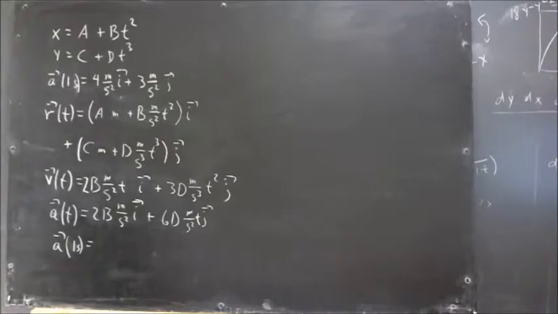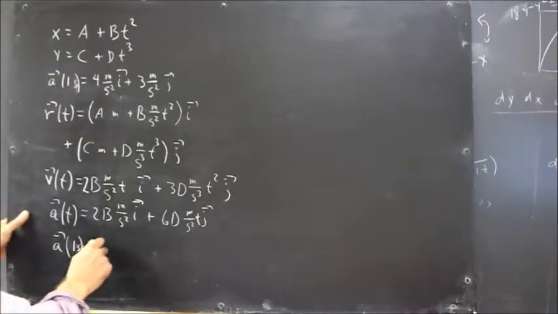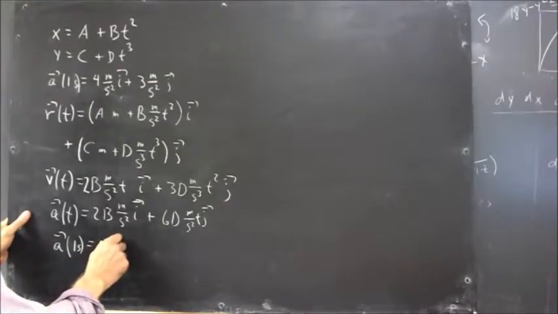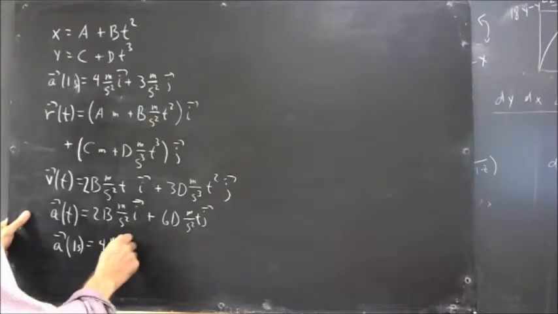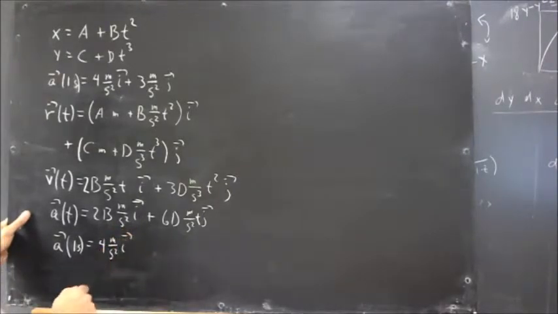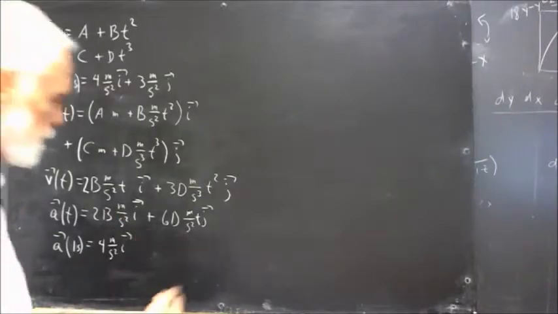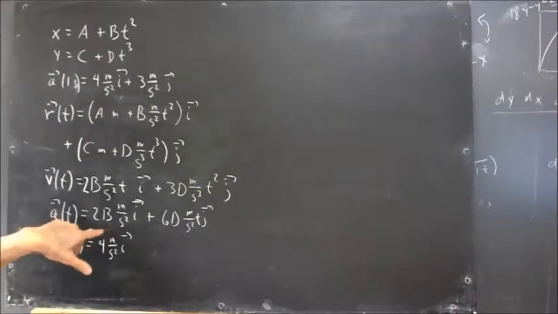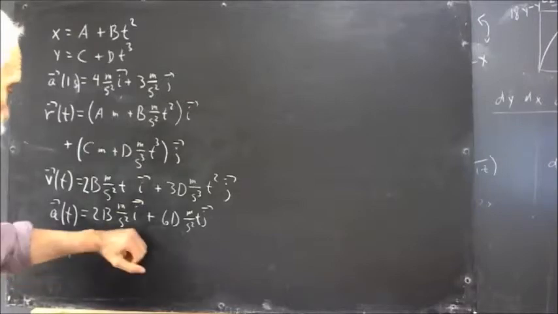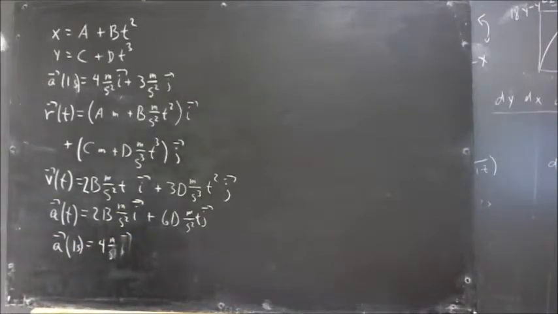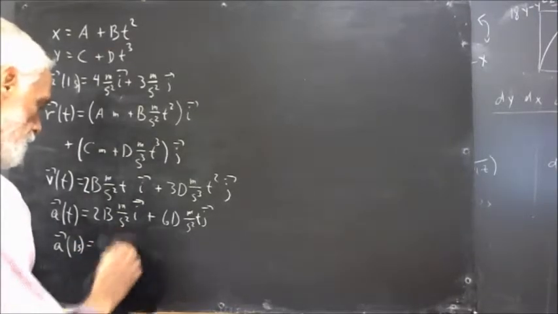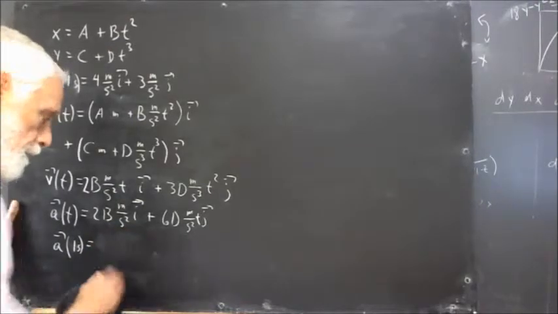So acceleration at 1 second is 4 meters per second squared times i. And I'm a step ahead of myself. I need to be substituting the... okay.